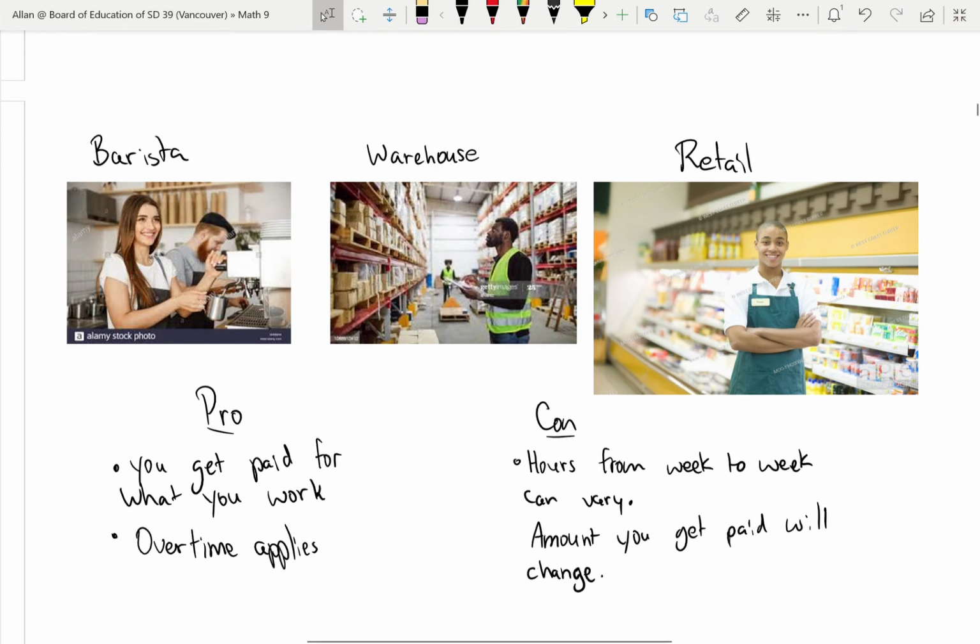You're still going to get paid for the hours that you work, but for example, if you work 10 hours one week and 20 hours another week, that 10-hour work week is going to pay you less than a 20-hour work week. So it's less consistent than if you were working as a salary where it wouldn't matter.